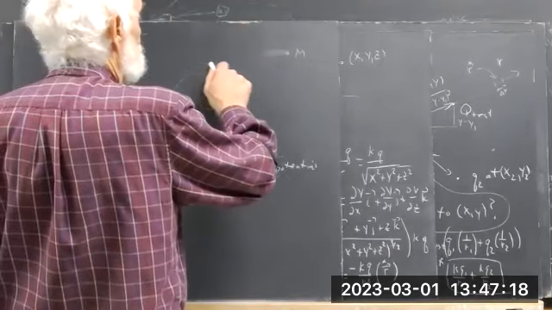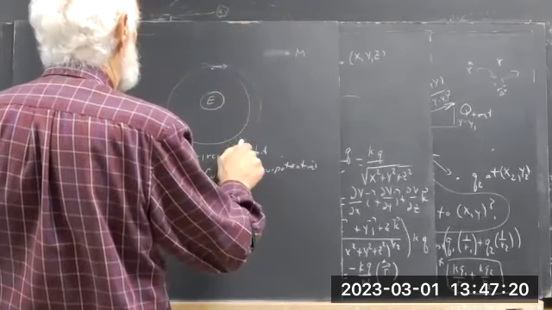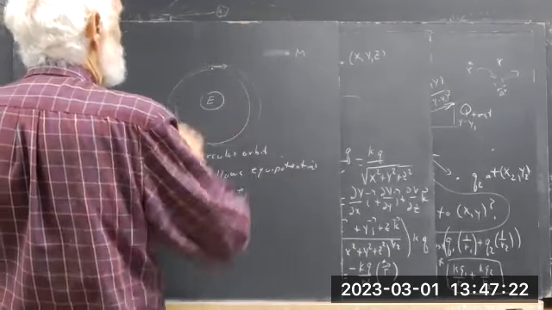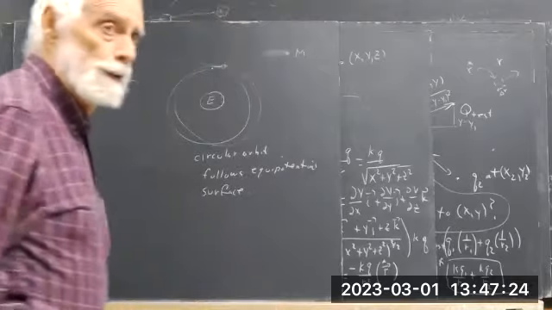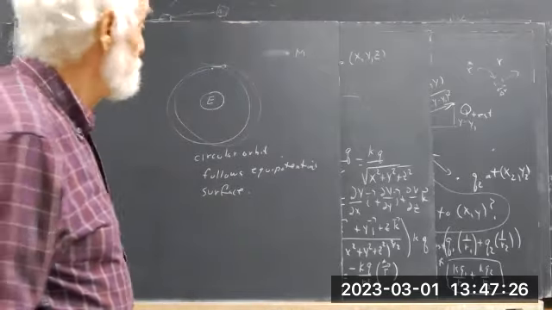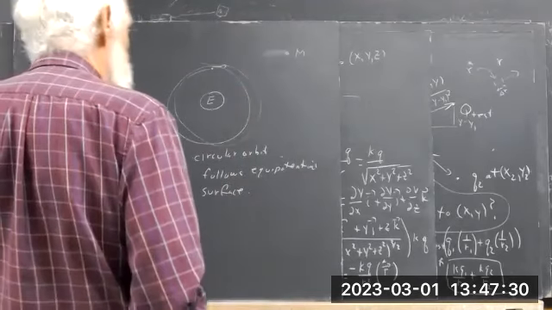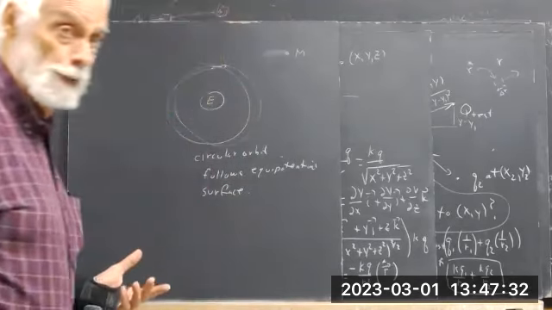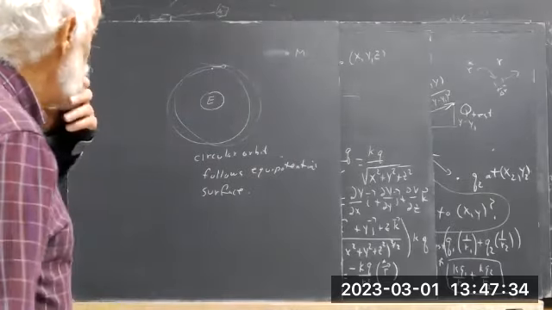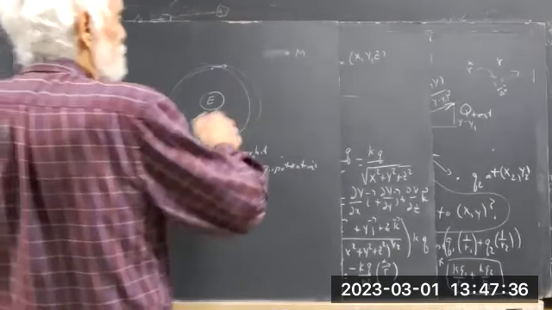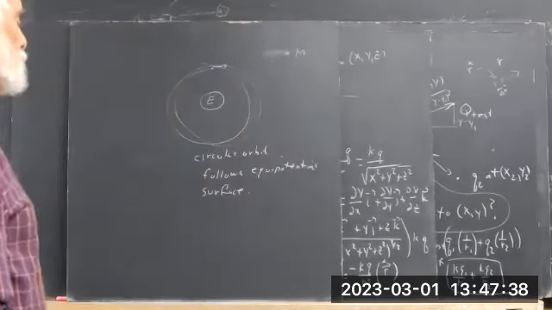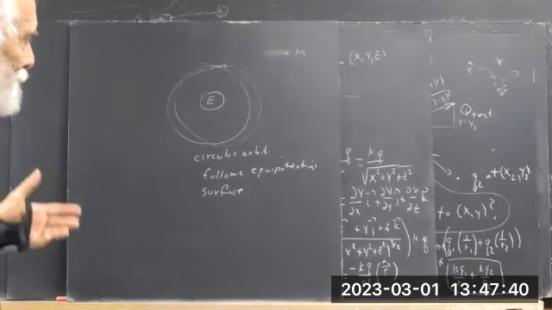I don't know, something like this. And they're going to warp. You can work out the mathematical form. So that's kind of an analogy.